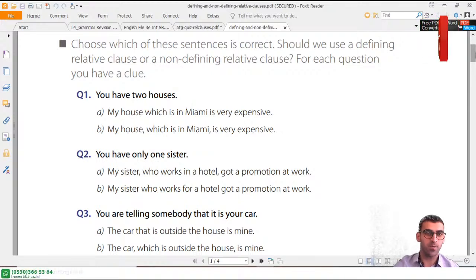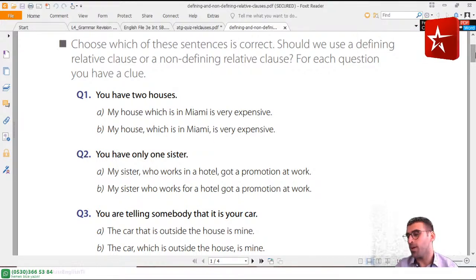Let's start with number one. The question, number one: you have two houses. The first one, my house, which is in Miami, is very expensive. The second, my house, which is in Miami, is very expensive. So the only difference in these two sentences is related to the comma.